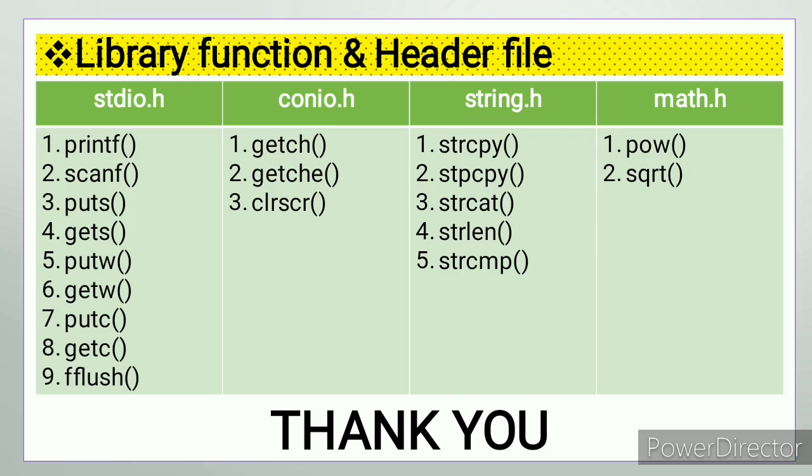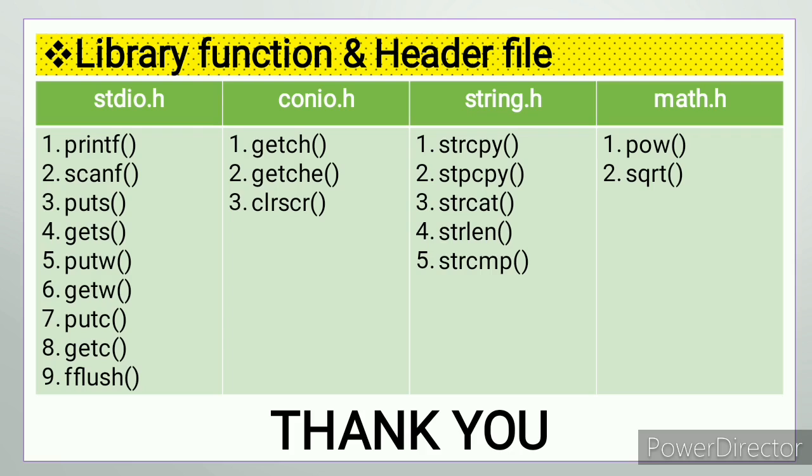Next, we discuss some library functions and header files. Under stdio.h, these kinds of functions come: printf, scanf, putc, getc, putw, getw, fputc, fgetc, fflush. If you use these kinds of functions, then you must mention hash include stdio.h at the top.